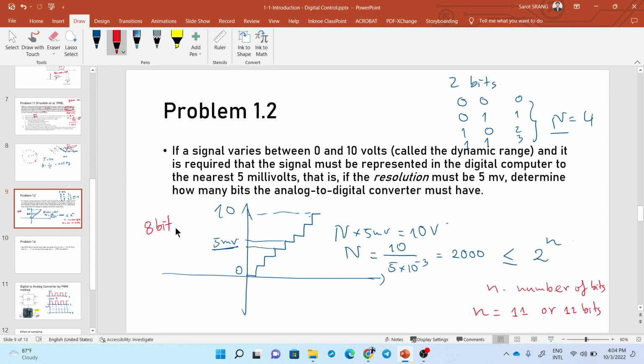Li Hua, you calculate with only 8 bits, then what is the resolution? It's 10 divided by 2 to the power 8. So the resolution would be 10 over 2 to the 8.